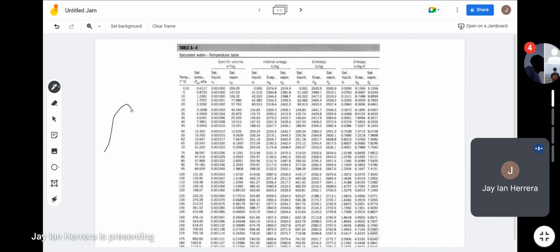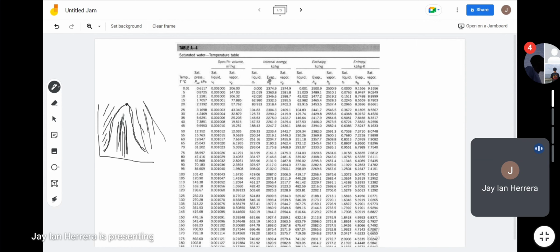Meron tayong curve na ganyan, and then dito yung critical point natin. So saturated liquid, lahat ng tatama dito sa left part ng line, and then subcooled liquid ang region na to. Same time, dito is saturated vapor, then superheated itong region na to. And then under the area ng curve natin, this is the wet mixture part.